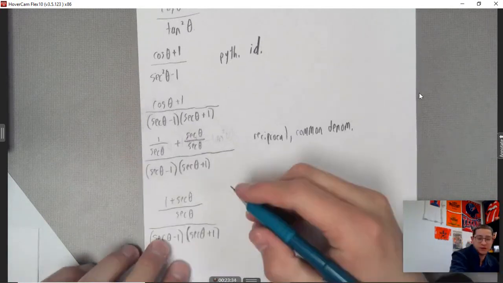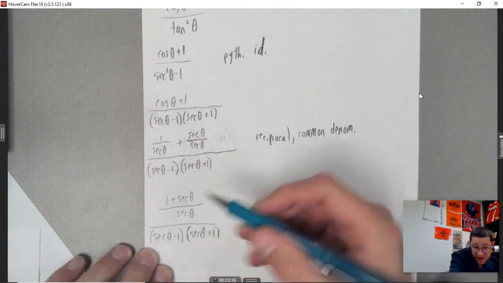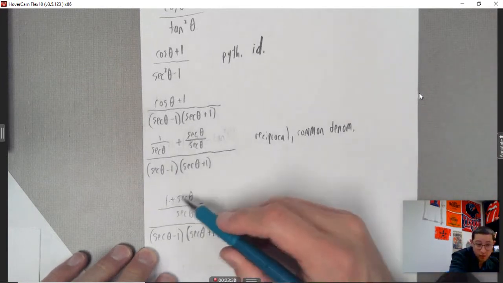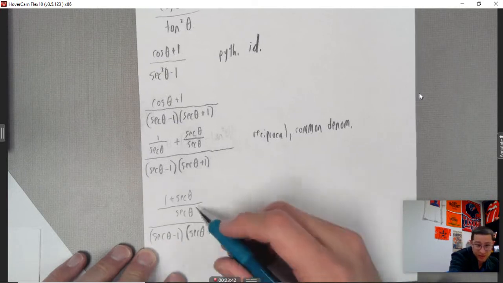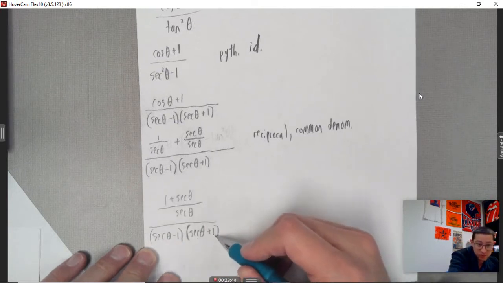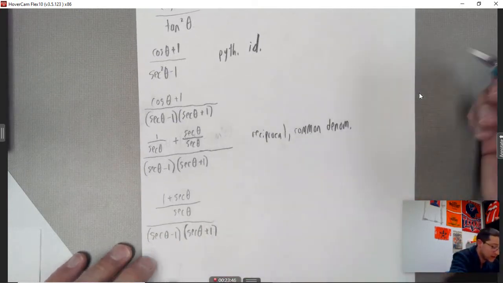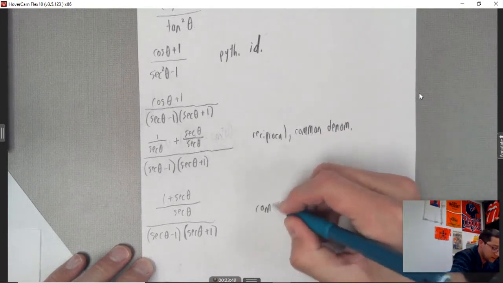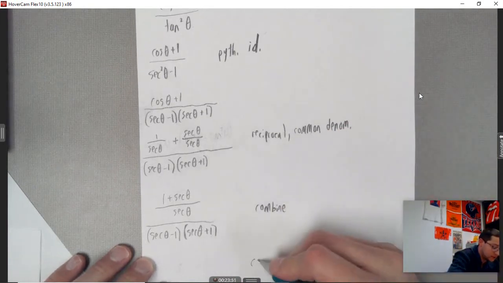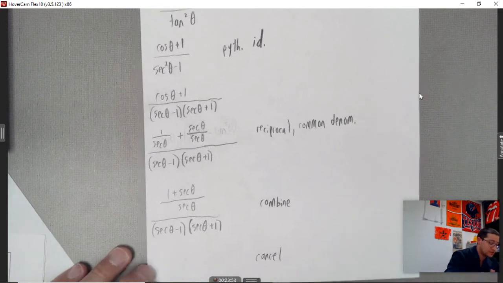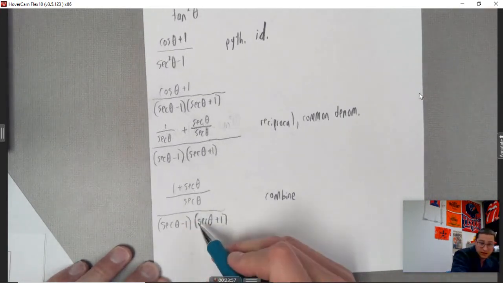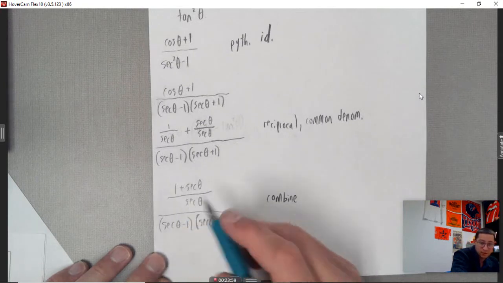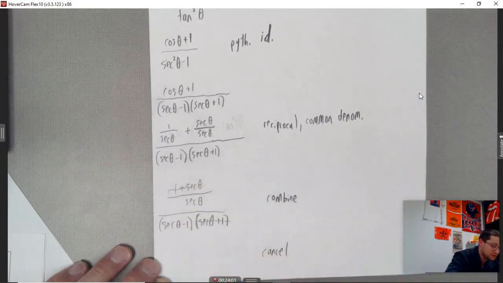I just love it. All right, so anyways, now what you should notice is we have a 1 plus secant on the top of this fraction, the entire big fraction, and we've got a secant of theta plus 1 on the bottom. So we can now cancel. What we did here is we just combined, okay? And we can cancel in our next step. So canceling the 1 plus secant theta and the 1 plus secant theta, right? They're factors. We're dividing, we're multiplying, so we can cancel this and cancel this, all right?